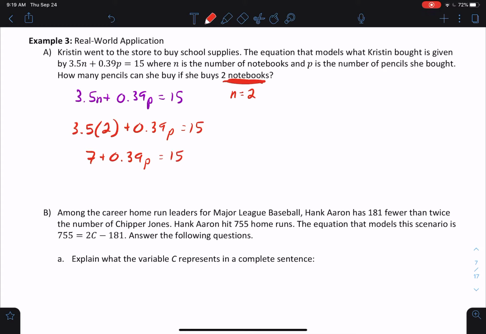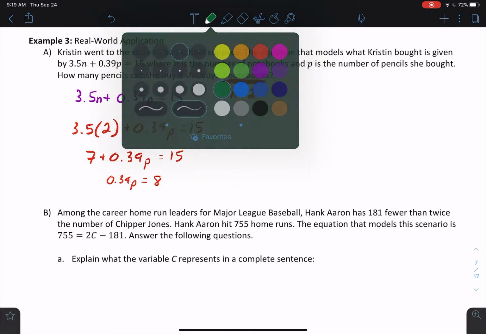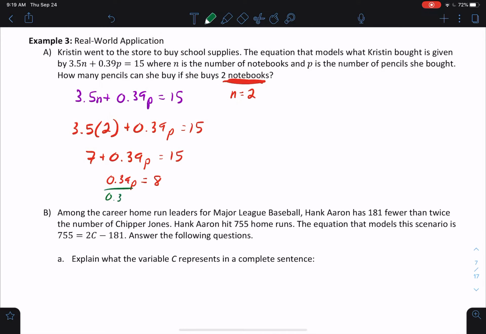Subtract 7 from both sides, so I get 0.39p = 8. Divide both sides by 0.39. And what we're going to get is p to be about 20.5.